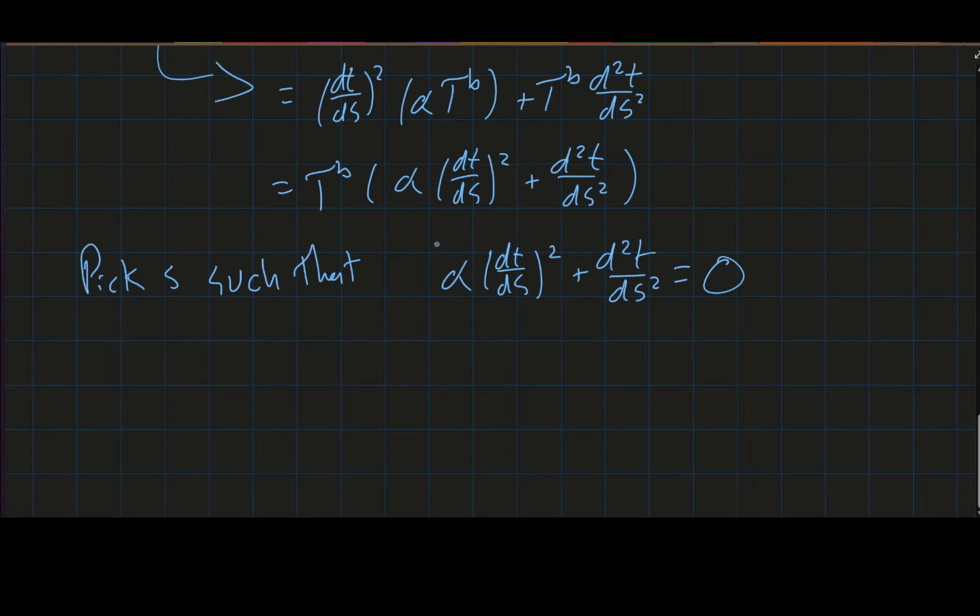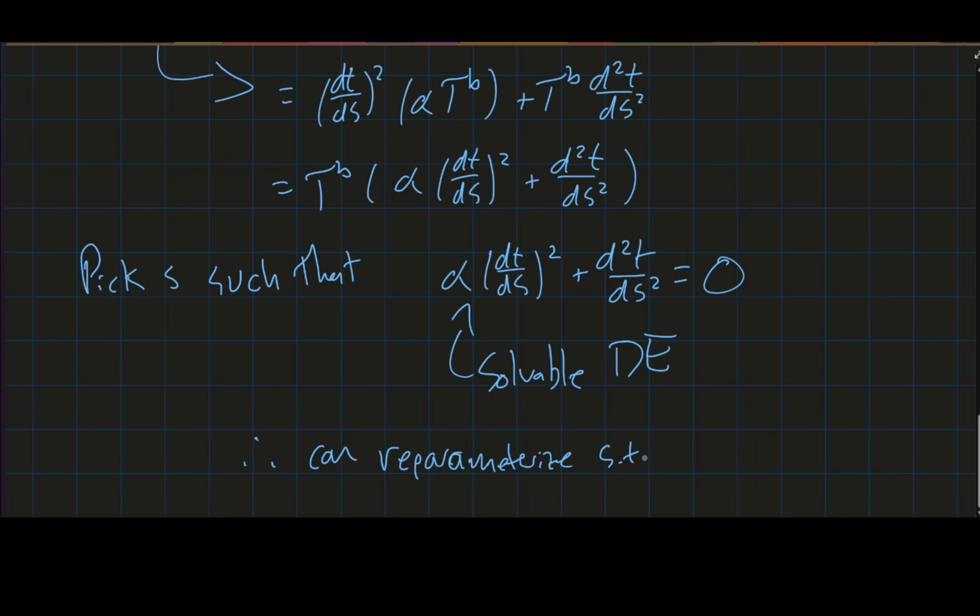And once we do this, so it's set up this way, and we show that we can pick S such that this is 0, and this is a solvable differential equation. So therefore, we can reparameterize such that S^A nabla_A S^B equals 0.